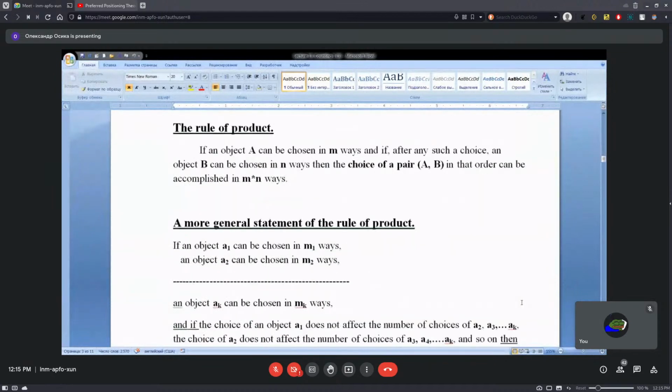Now another basic rule of combinatorics, the rule of product.